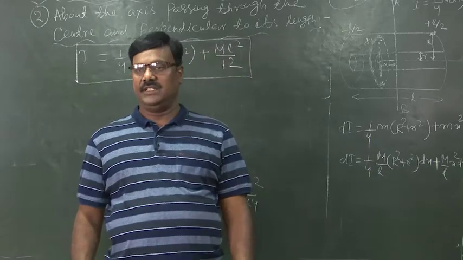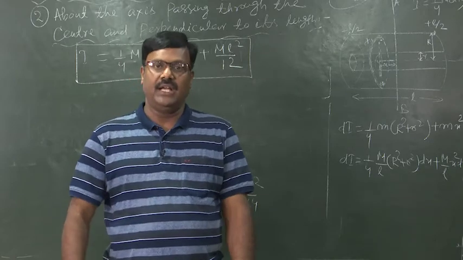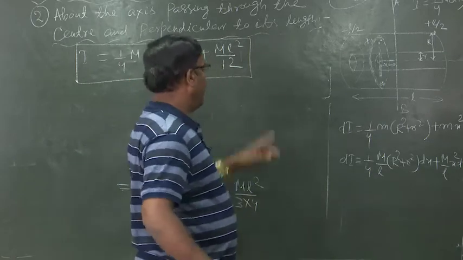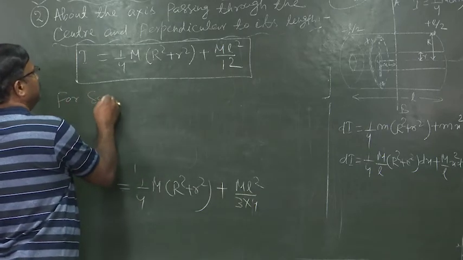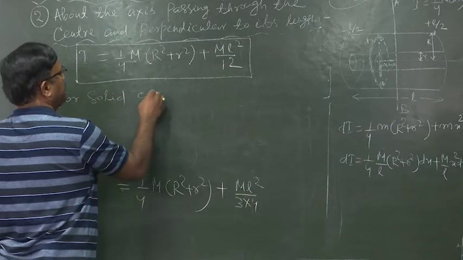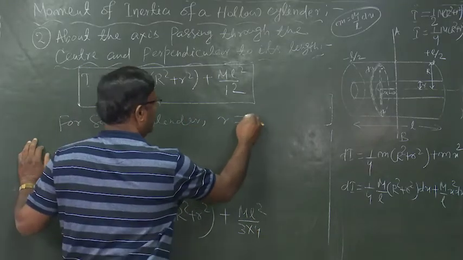Hereby, in this class we discussed about the moment of inertia of a hollow cylinder. And here for a solid cylinder, small r is equal to 0.